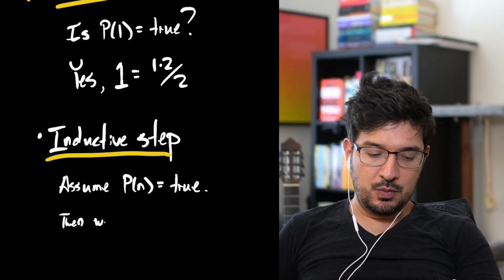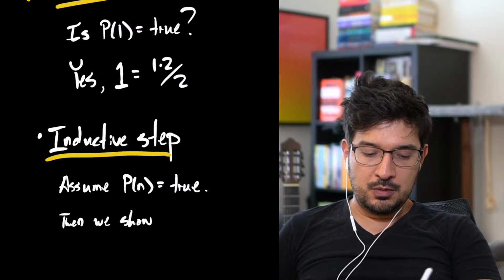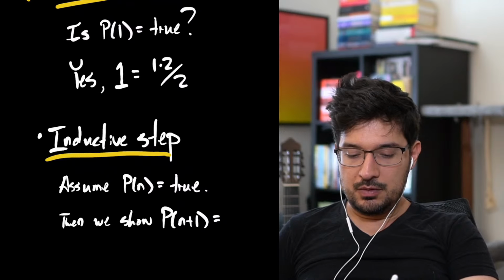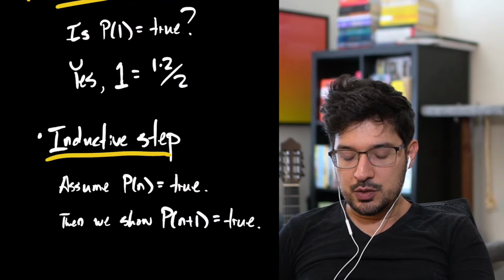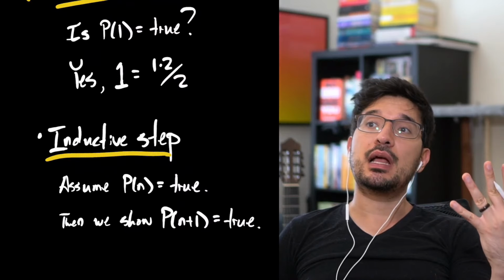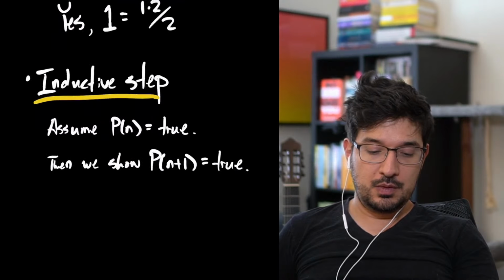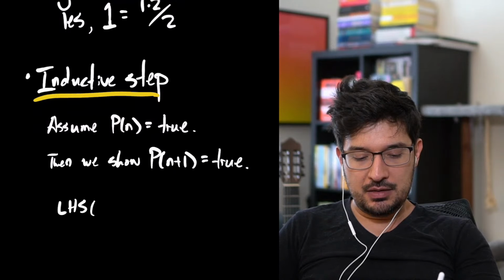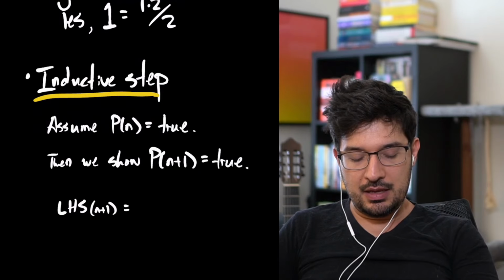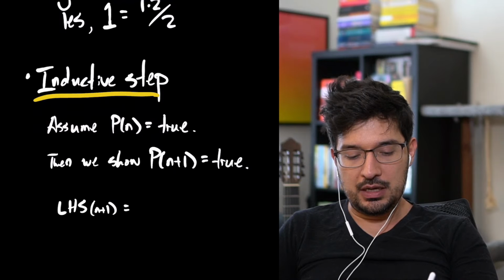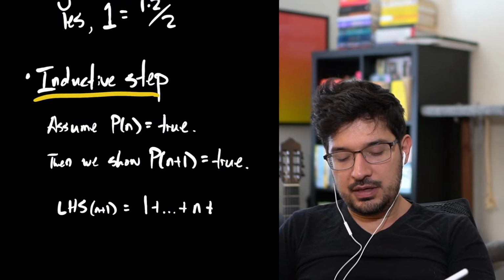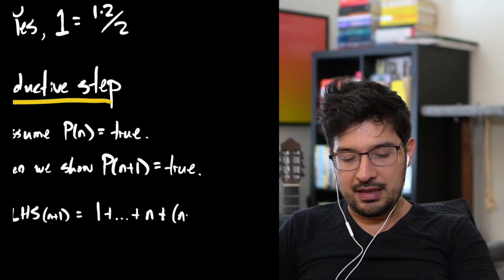Then we show that the claim is also true for the next number as well. To do this, we take the left-hand side, substituting n plus 1, and the sum of integers then would be this.